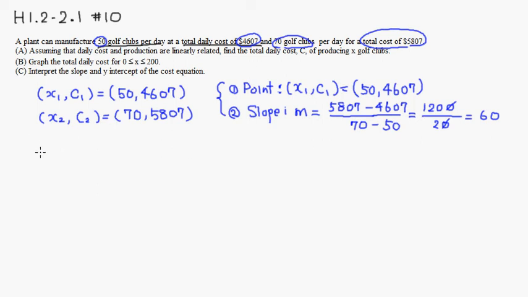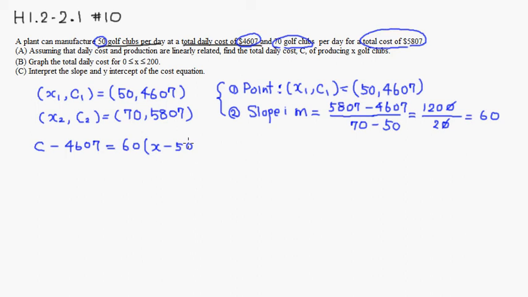By point-slope form we can come up with the equation. We're going to use C instead of Y. So C minus C1, which is 4,607, is equal to the slope, 60, times the quantity X minus X1, which is 50.